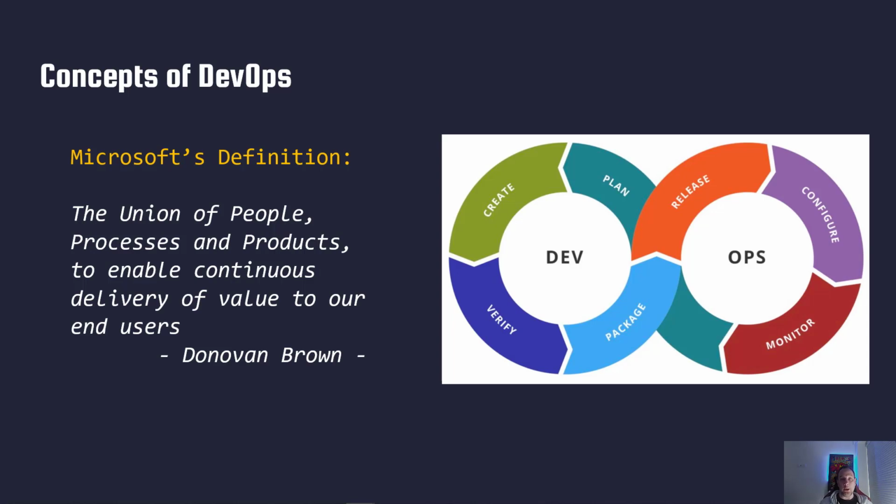So one of our DevOps experts within Microsoft, Donovan Brown, came up with his own definition. He explained DevOps as being the union of people, processes, and products to enable continuous delivery of value to your end users. And it's valid for any kind of organization. Delivering value means helping the business. This could be by releasing software.